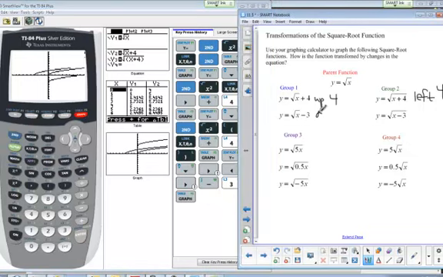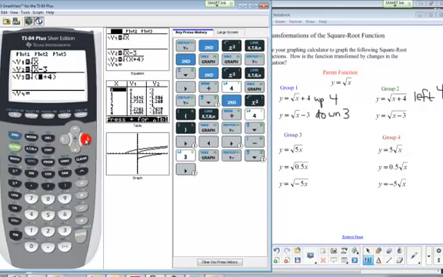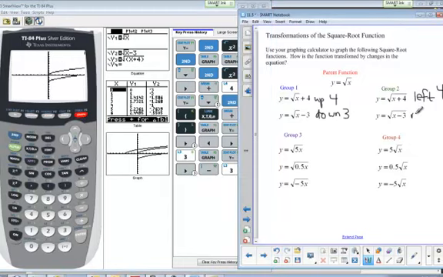So let's go ahead and write that. And then the next one with an x minus 3 inside. Since x plus 4 shifts it left 4, x minus 3 is probably going to shift it right 3. And there it is, right 3.